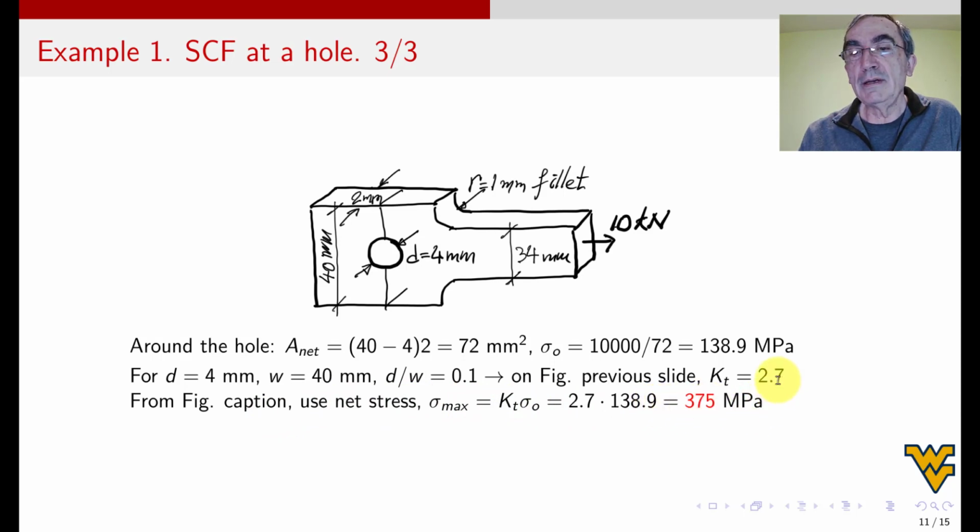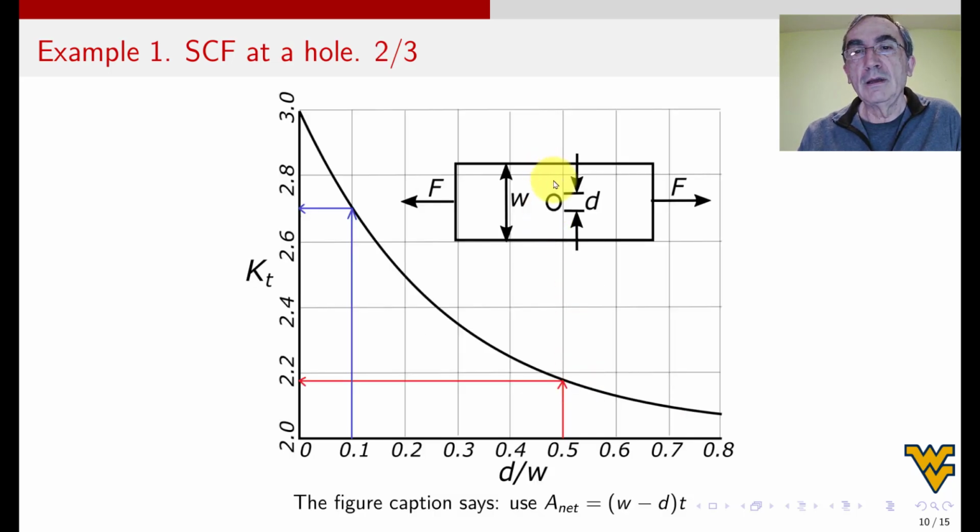So you see 2.7 is large, right? You notice, for example, that for a bar with a hole, when D over W goes to 0, because D cannot be 0, otherwise you have no hole. But if it's super small, then the hole thinks that it's in an infinite plate, right? If this D is very, very small, this width looks very big to the hole.